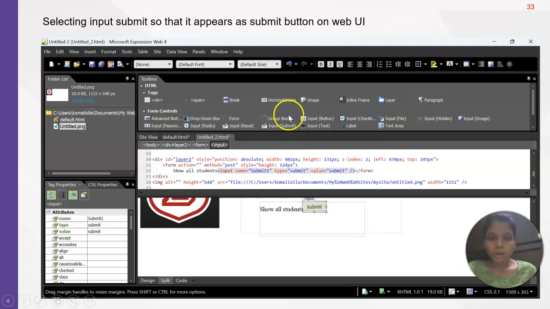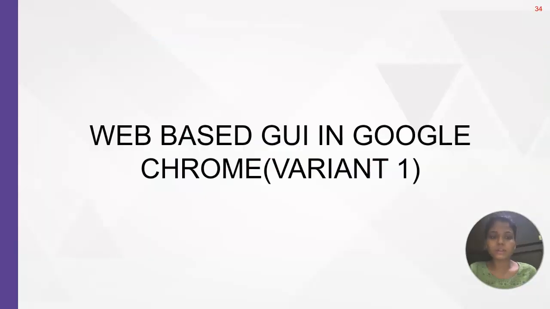Here we can see from the form controls the input submit, right? By dragging and dropping it here, we can give an input submit on the web user interface also. In this way also we can build a site without the knowledge of code, just by dragging and dropping on our user interface.